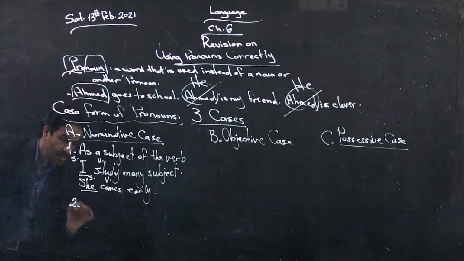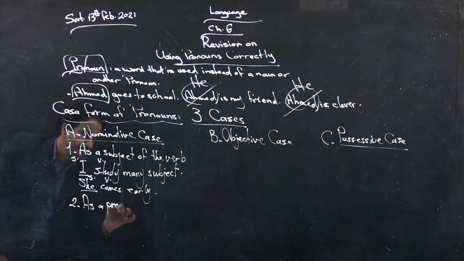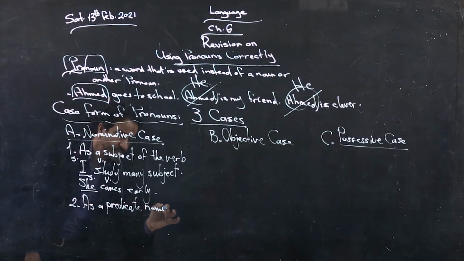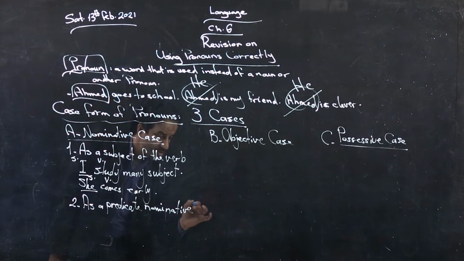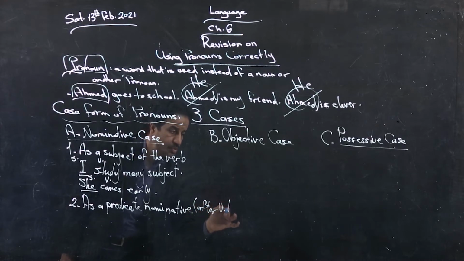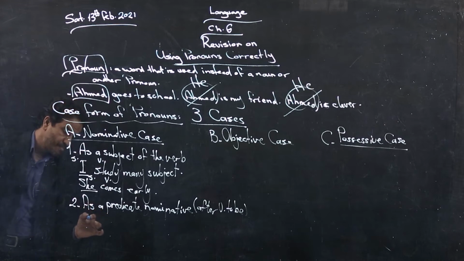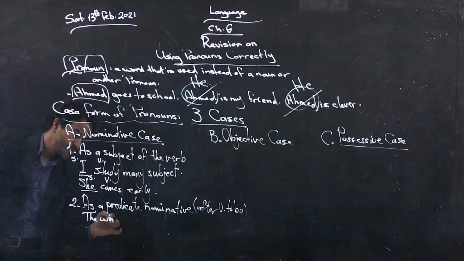Two, as a predicate nominative, after verb to be. The winner is he.